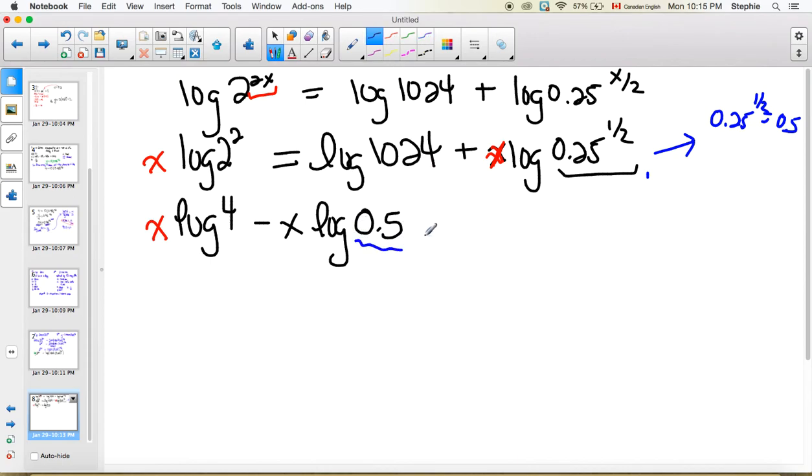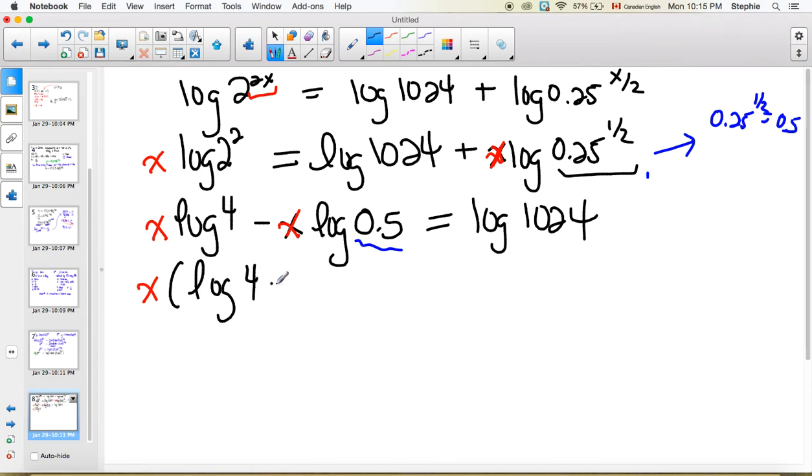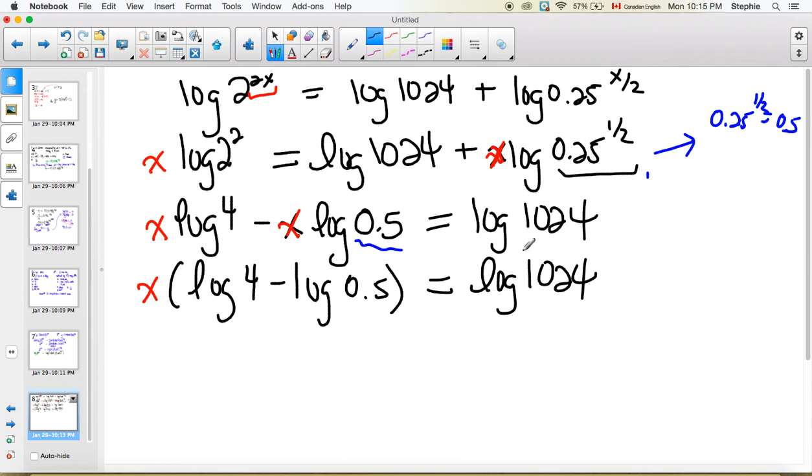Now, this log of 1024 stays on that side. So this x over here, I'm going to factor out my x's. So x, open brackets, log of 4 minus log of 0.5. I really don't want you using a calculator yet. The fact that you can go to the end with that one is what shows that you know how to do this.